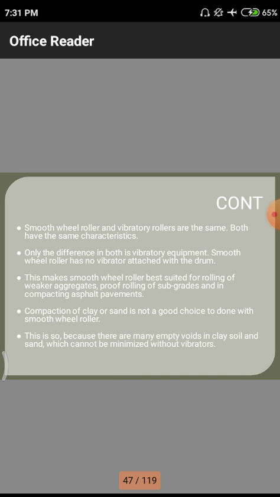Next point we have: this is so because there may be many empty voids in clay soils and sandy soils, which can be minimized by using these vibrators.